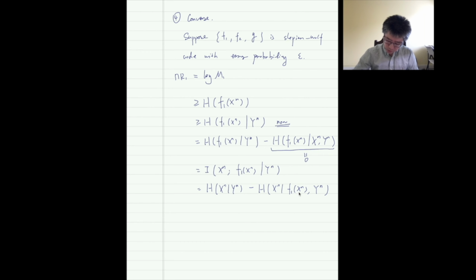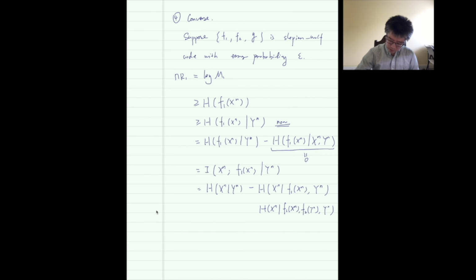Therefore, what we want is to put f1(X^n) and f2(Y^n) here. Okay, so that will be okay, right? The reason is that we know Y^n, so we know this. We're adding a term for free basically, because we know Y^n, and f2 is a function of Y^n.